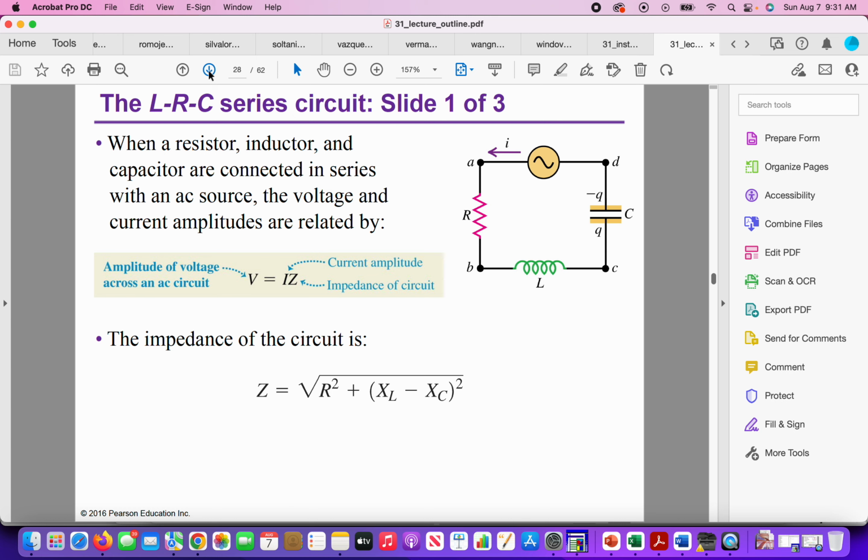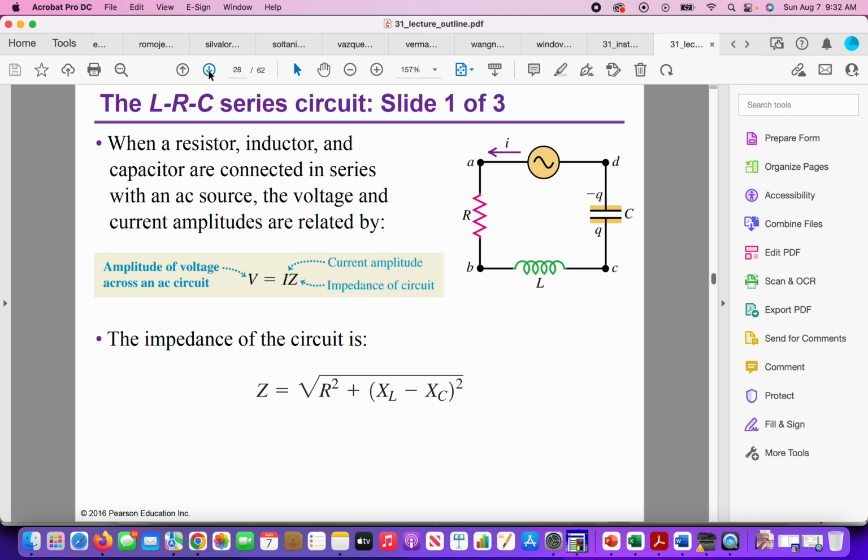The voltage and current amplitudes are related by V equals I, the current amplitude, times the impedance of the circuit. The impedance is not simply R plus XC plus XL. We add them as vectors, or as phasors.